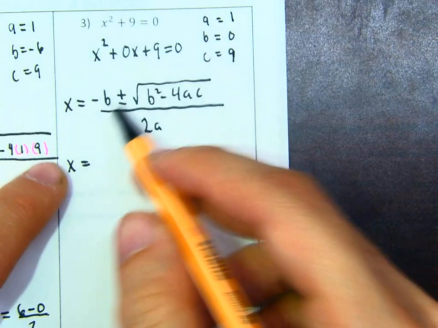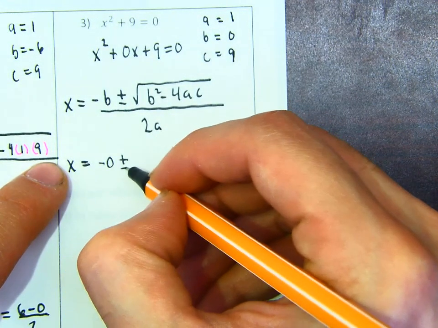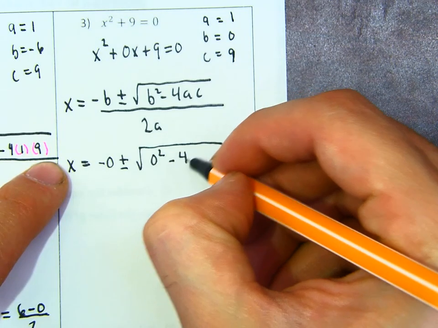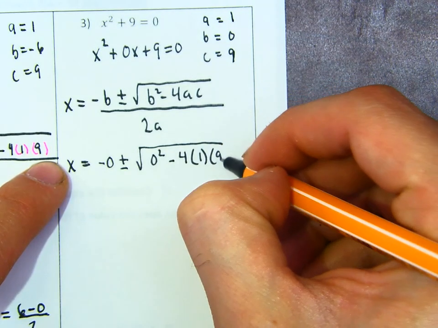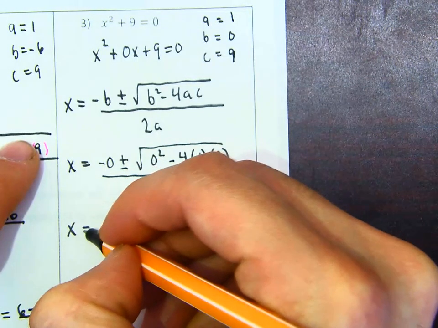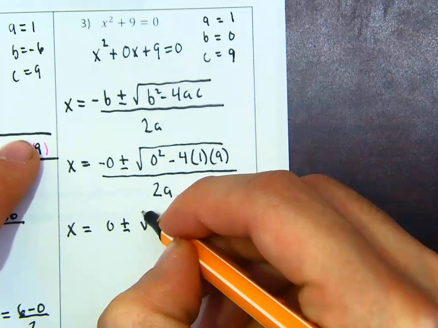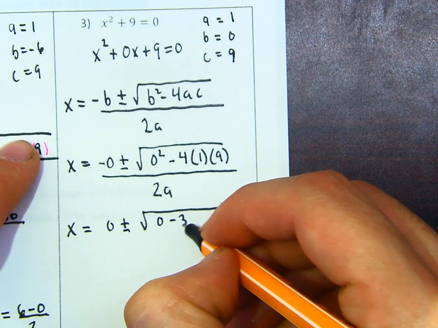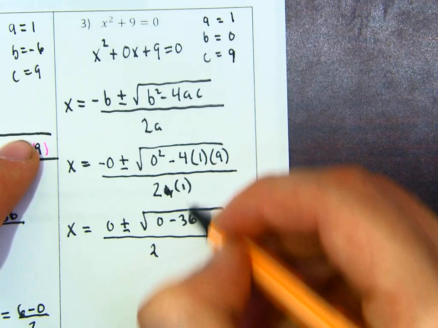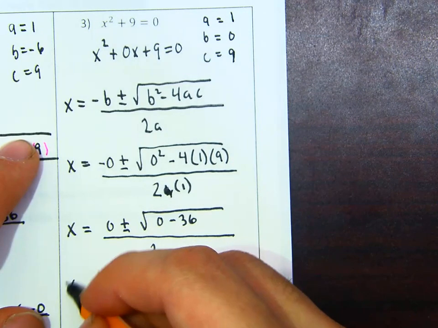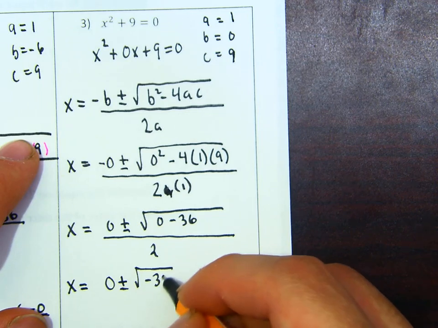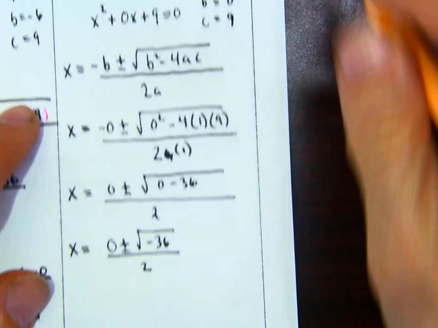Negative 0 plus or minus the square root of 0 squared minus 4 times 1 times 9, all over 2 times 1. So x is equal to 0 plus or minus the square root of negative 36 over 2.